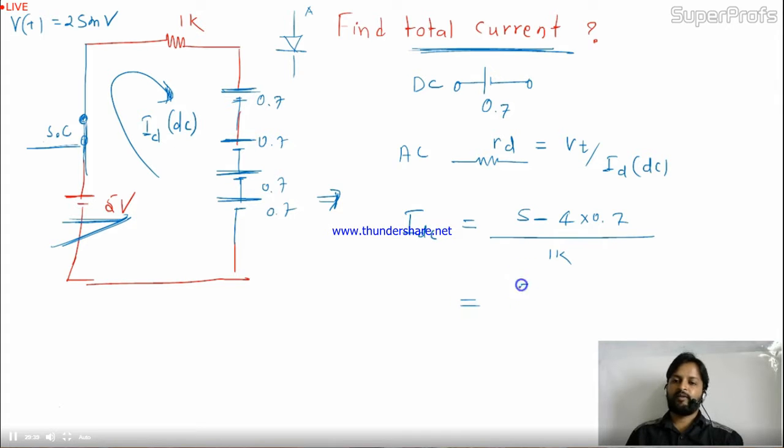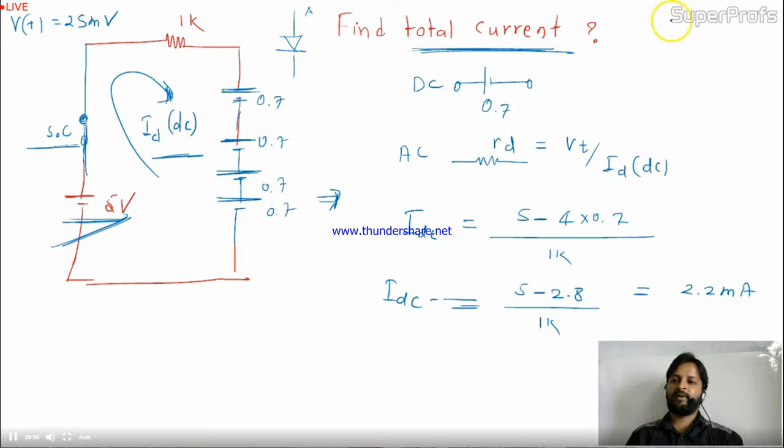Is it okay? So this is 5 minus 2.8 divided by 1K. So this is kind of 2.2 milli. So 2.2 milli is your IDC. Okay, so your DC is completed.